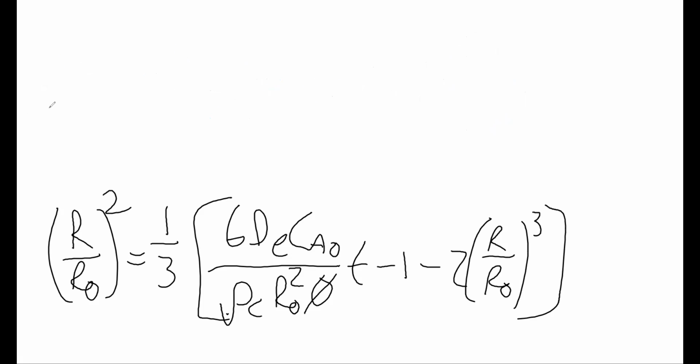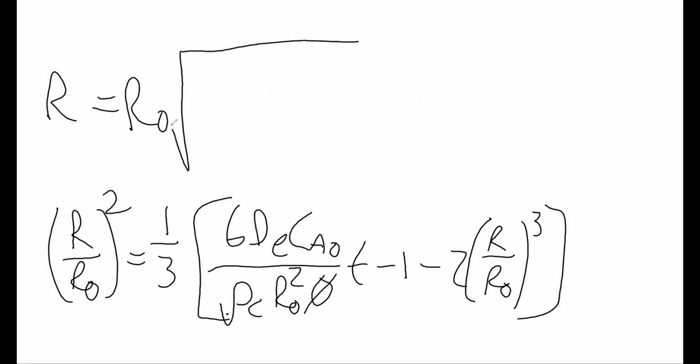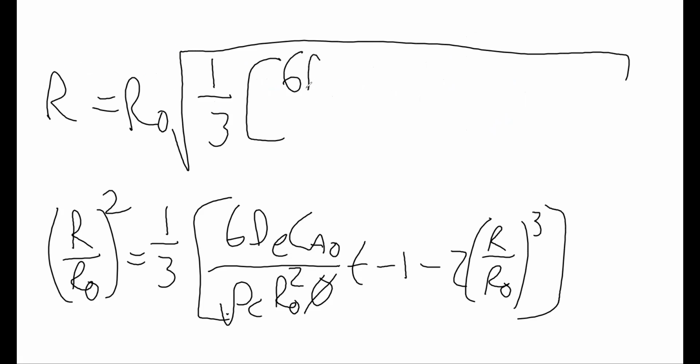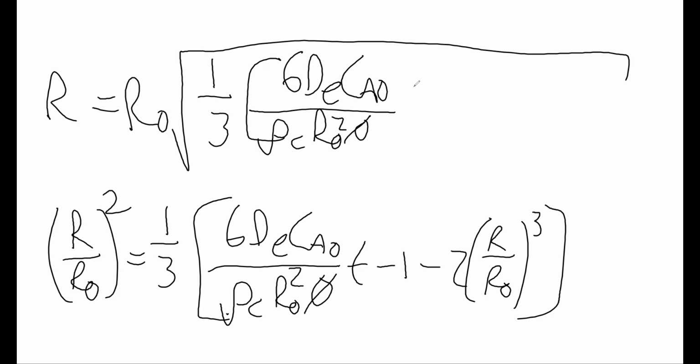Cool. So r equals r naught times the square root of 1/3 times 6 dE CA0 over rho C r naught squared phi time, minus 1, minus 2 times r over r naught cubed.